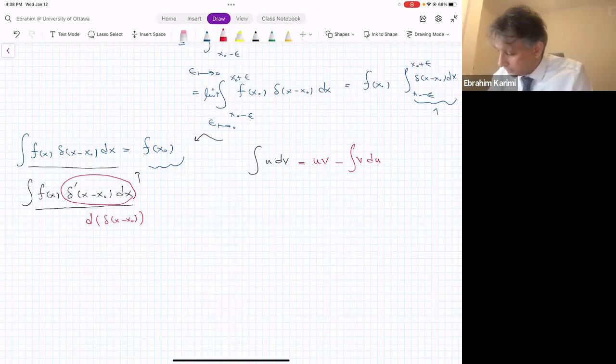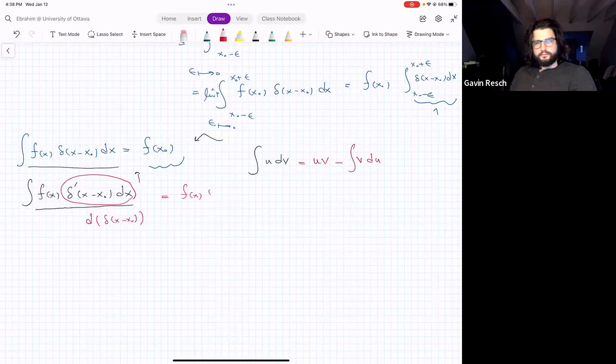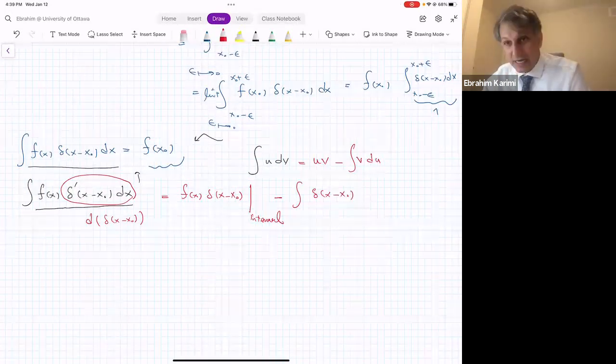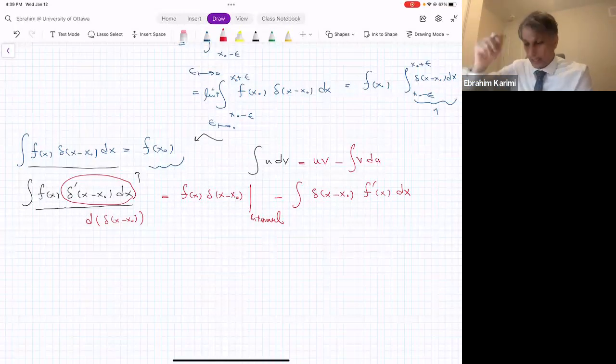Then that will be f of x delta of x minus x0 over the interval minus infinity to plus infinity, minus the integral of v, which is delta of x minus x0, times the derivative of f of x, which is f prime of x, dx. Agreed? Okay, good.